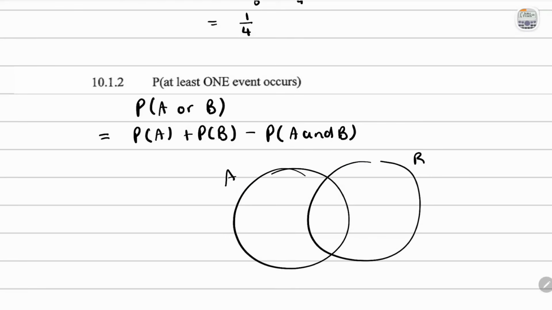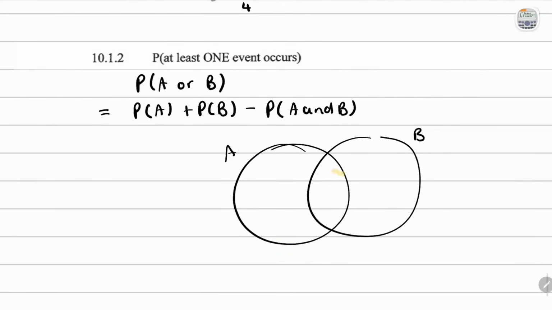If you have A and B and you say the probability of A, everything here, plus the probability of B, everything here, the problem is that you already added the intersection. The first time we said the probability of A, it included that intersection. But then you said the probability of B, and it also included that intersection again. So we have to subtract that intersection so that it only includes one of it. That's the whole point of that.